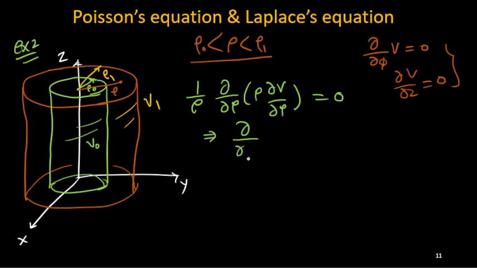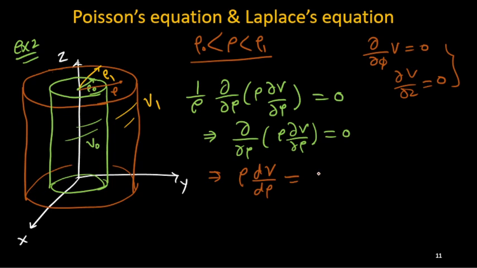So ∂/∂rho of rho times ∂V/∂rho equals 0. This inner one should be constant, then only the derivative is 0. So it implies that rho times dV/drho, because V is only a function of rho and there is no meaning in taking a partial derivative, should be a constant, which I will call k1.